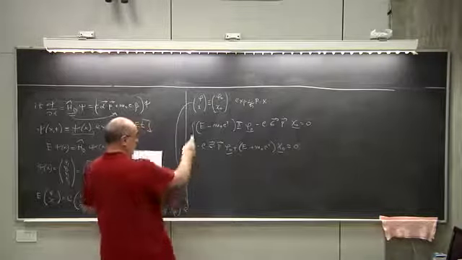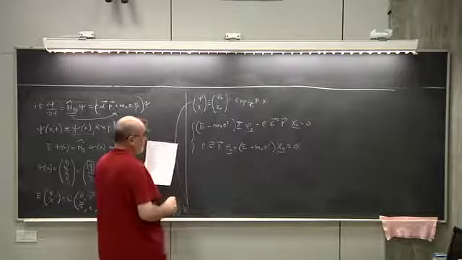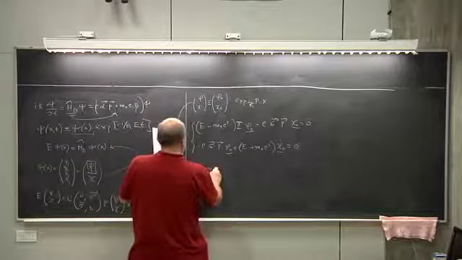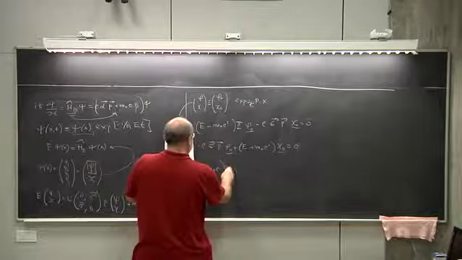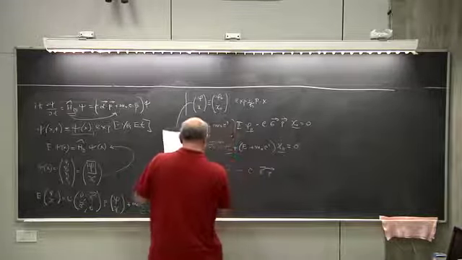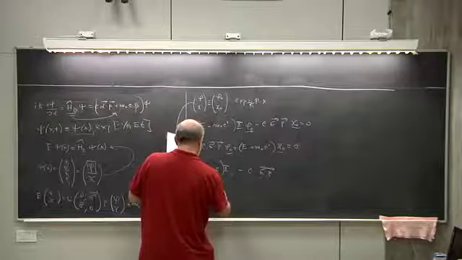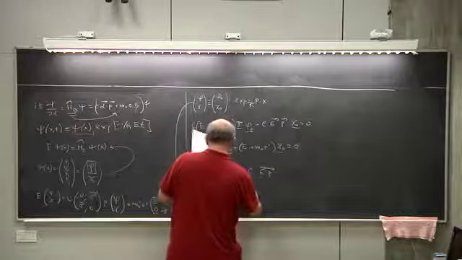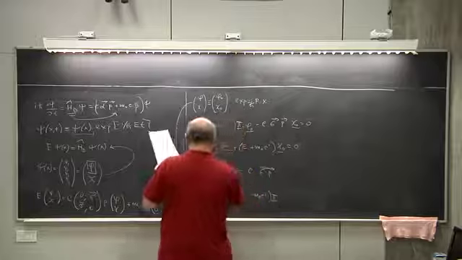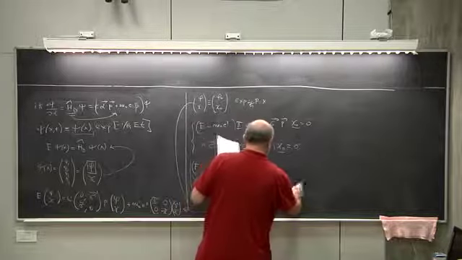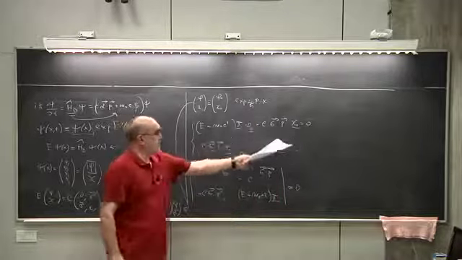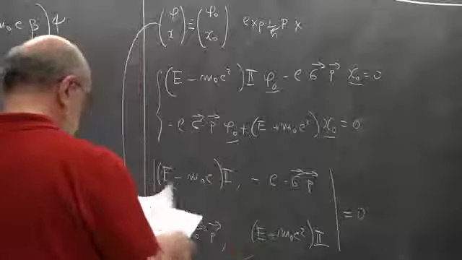So for a solution different from 0, the determinant of the coefficients must be equal to 0: E minus m0 c² times I, minus c sigma dot p, minus c sigma dot p, E plus m0 c² times I, equals 0. So the determinant of the coefficients must be equal to 0 for this solution to be non-trivial.